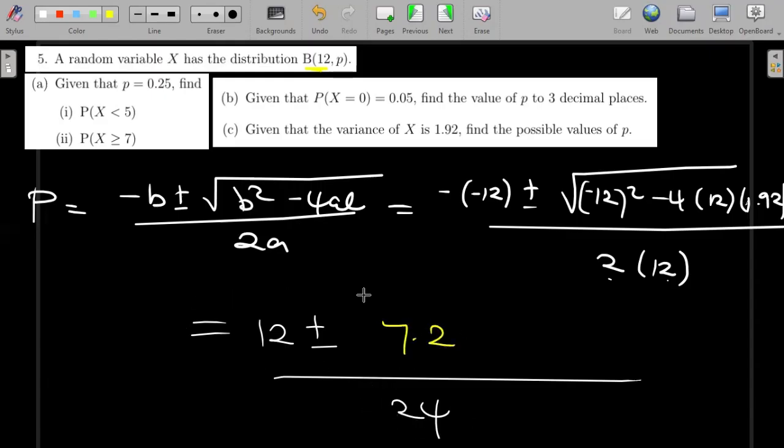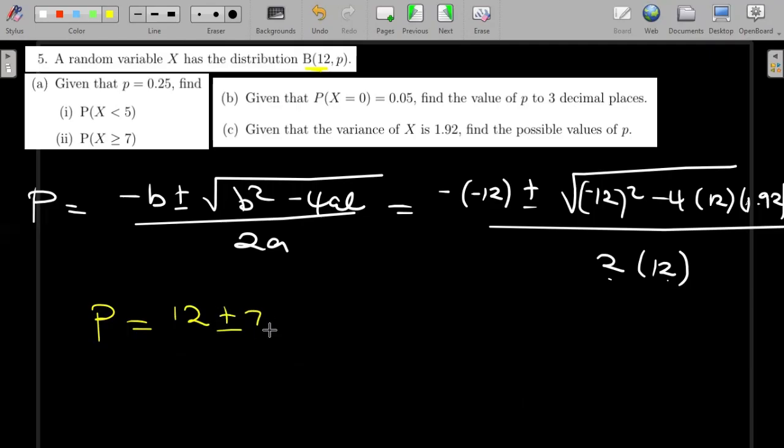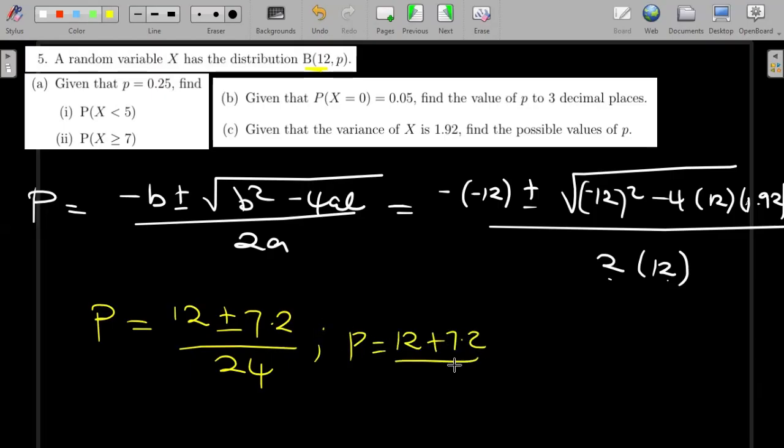So the values of P will be: P is equal to 12 plus or minus 7.2, divided by 24. So P is equal to 12 plus 7.2 divided by 24, or P is equal to 12 minus 7.2 divided by 24.